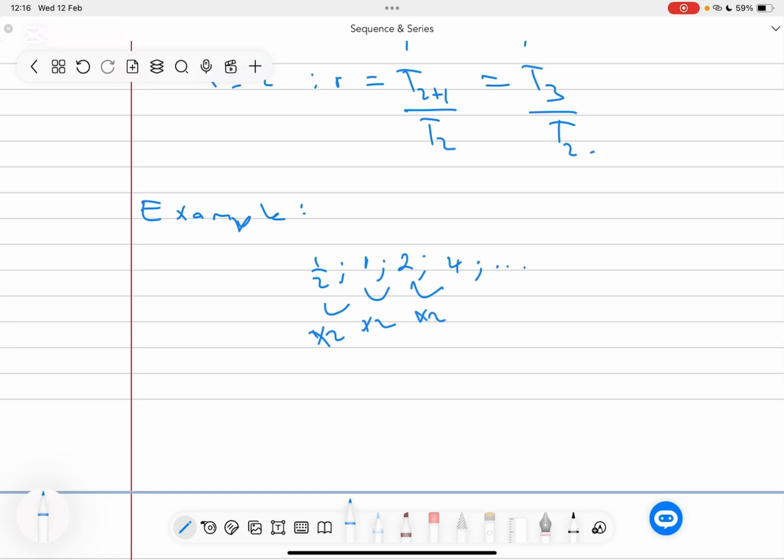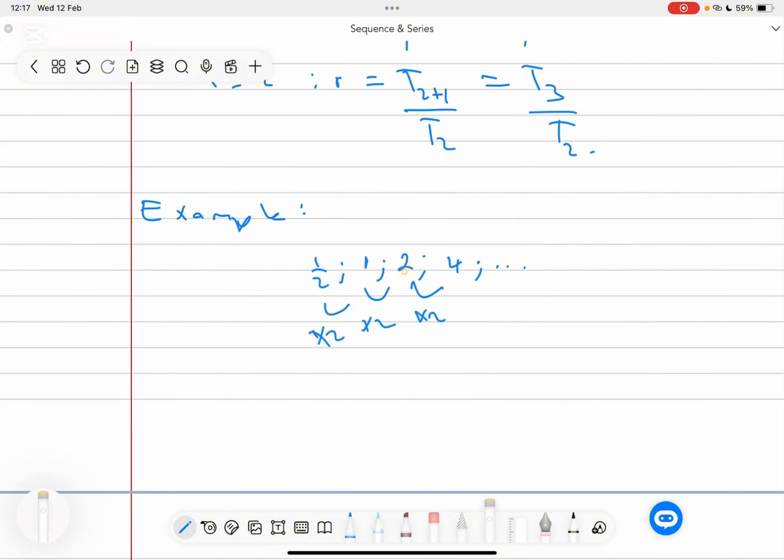And I can grow this sequence multiplying by 2 until we go to infinity. Hence, we can call this an infinite sequence, because it continues with those 3 dots, which says that it continues until infinity. Now, if you were given this sequence and looking for this number, you can say 1 divided by 1 over 2, you get the 2.